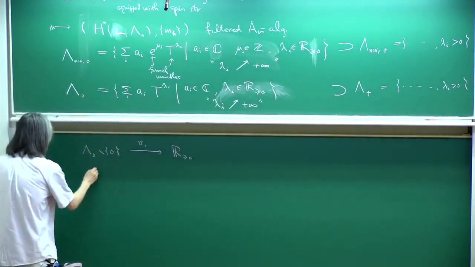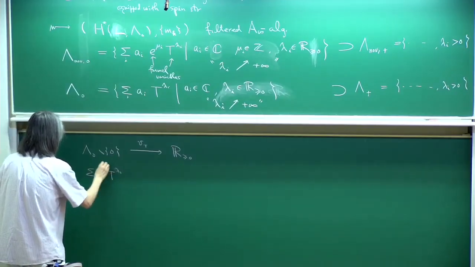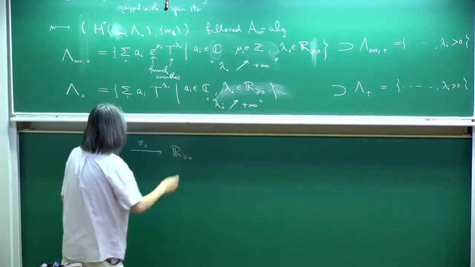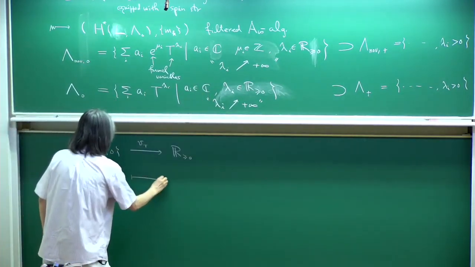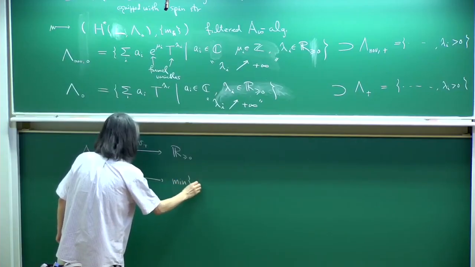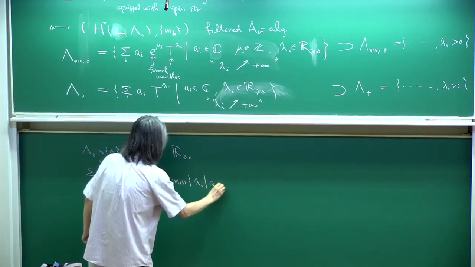Namely, if you have an element sum a_i T^{lambda_i}, all the exponents are non-negative, so we may take the minimum of the exponents lambda_i such that a_i is non-zero.